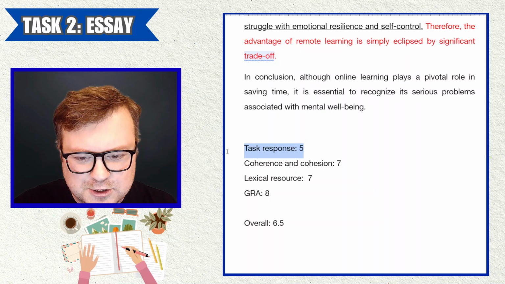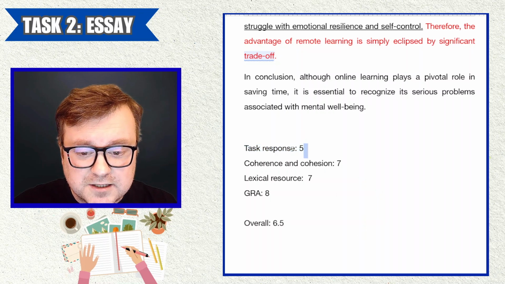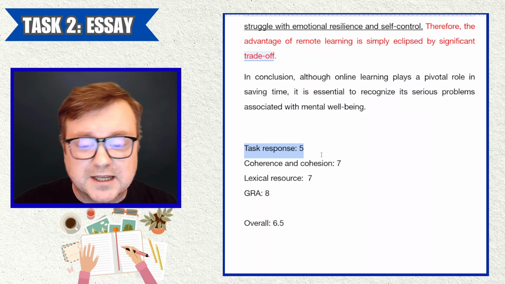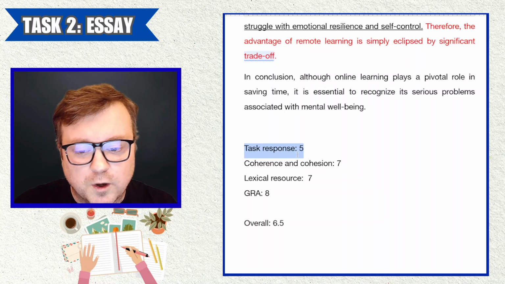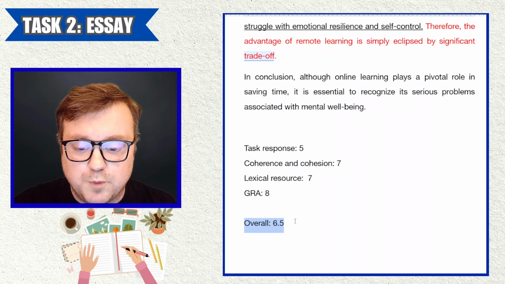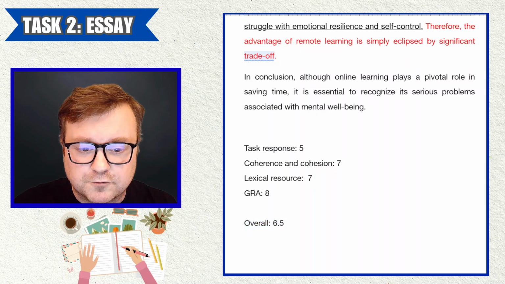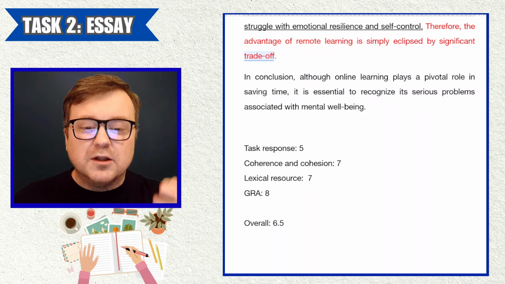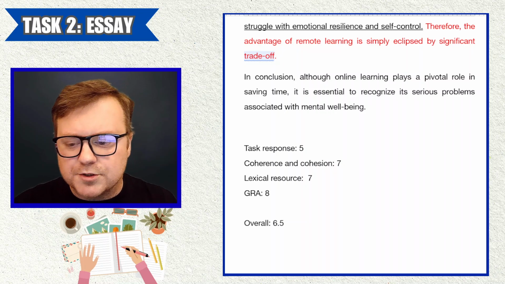That's the thing that's critical. And if you fix this, I really think you can get 7.5. Yeah, I really think you can get 7.5 if you just fix that one aspect. But for me, overall, 6.5. Strong piece of writing. Like many candidates on this channel, the weakness is that task response.